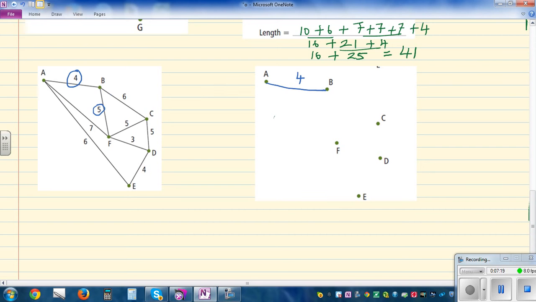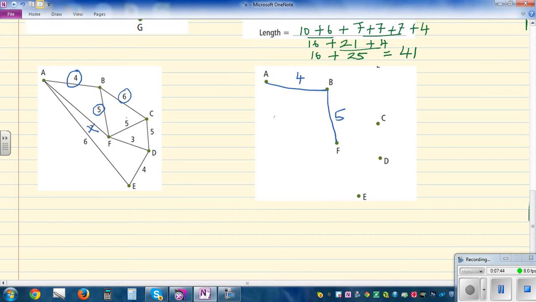Okay, I'm not going to use A to F because this is smaller, so I'm going to cross this out. So B and F are connected by a length of 5. Now what can we do? Now we have to connect C, D, and E. If you want to connect C, you can either use these two.